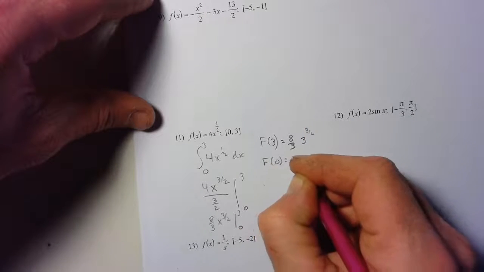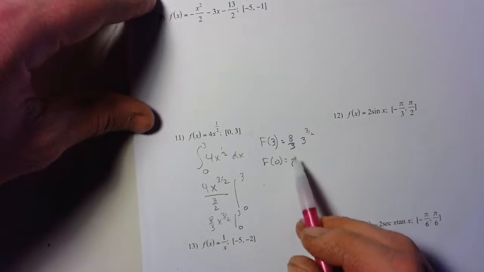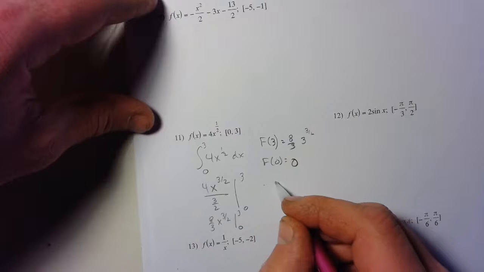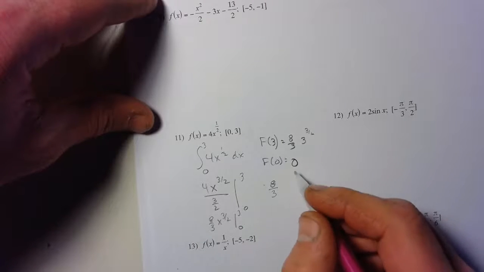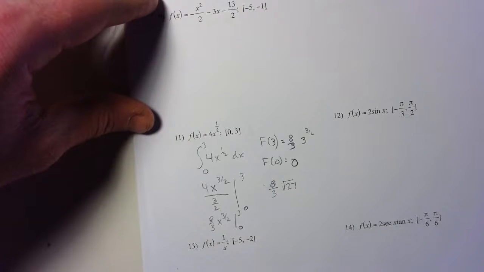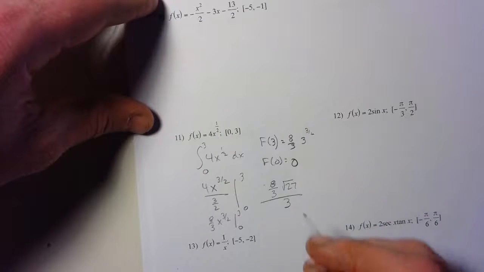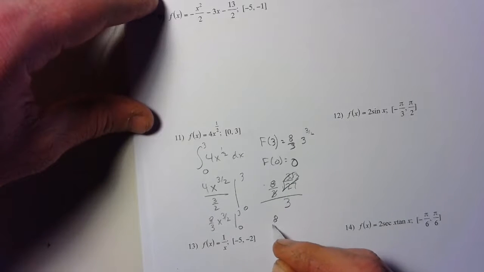F of 0 is 0. So we have the upper and lower bounds, and that's a really messy number. I don't love that one. That's the square root of 27, so I'll just leave it that way. The length of the interval is 3, and if I reduce that, that's 3√3. That kind of cancels out, which is nice. So I get 8√3 over 3, so there's my area.